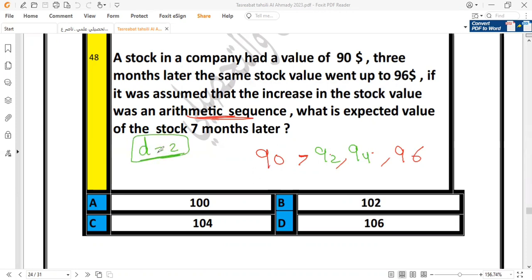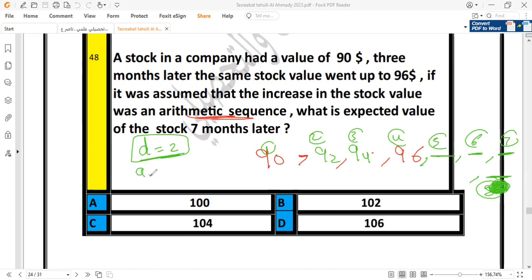What's expected of the stock after 7 months? Here, 3 months each: 1, 2, 3, 4, 5, 6, 7. What's the order of this term in this arithmetic sequence? 1, 2, 3, 4, 5, 6, 7, 8. You can apply the rule of the arithmetic sequence.